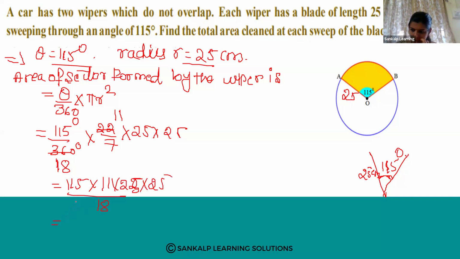So if you do the calculation, you will get the result 30,746.52 centimeter square. Okay. So this is the area of the sector.